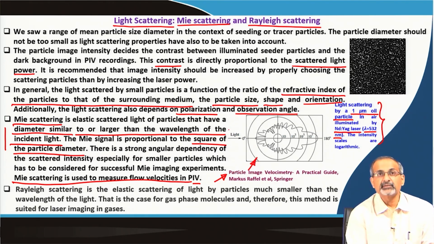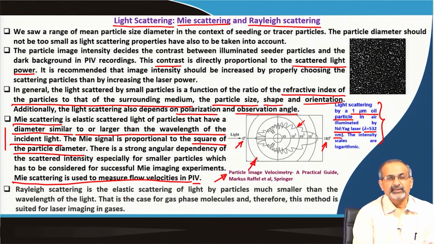The light approaches from the left, which is taken to be 0 degree, the opposite end is 180 degree, and the scattering is basically given by this profile. You can see that between circles, which are indicative of the intensity scales, there is a factor of 100. So, in the angular sense, how the light scatters over a range of 0 to 180 degree, or typically between 0 to 360 degree, is visible over here.